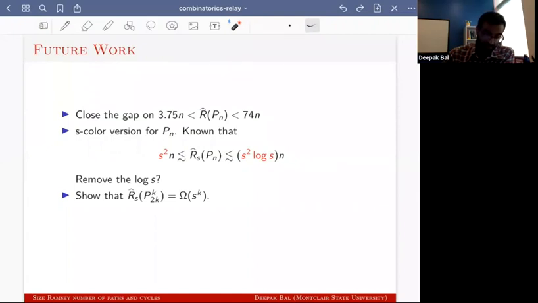And for the thing I mentioned earlier for hypergraphs, if you could understand the S-color size Ramsey number of the 2k-vertex k-uniform type path, then you would get a general lower bound on the S-color k-uniform type paths for n. You would know something about the dependence on the number of colors. All right, that's all I wanted to say.